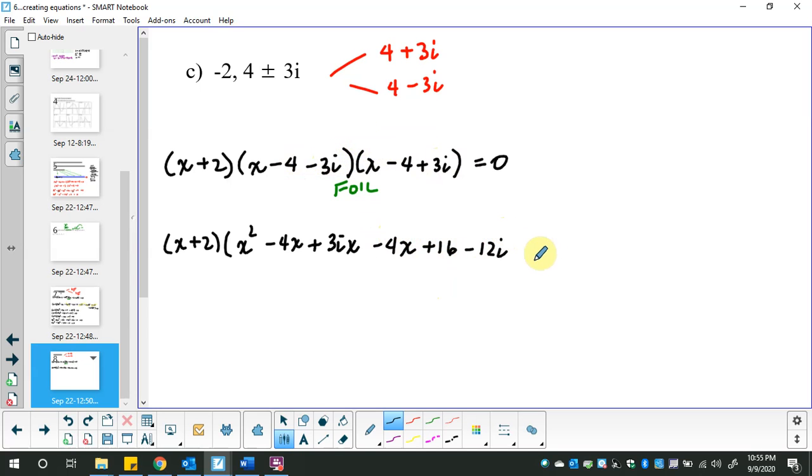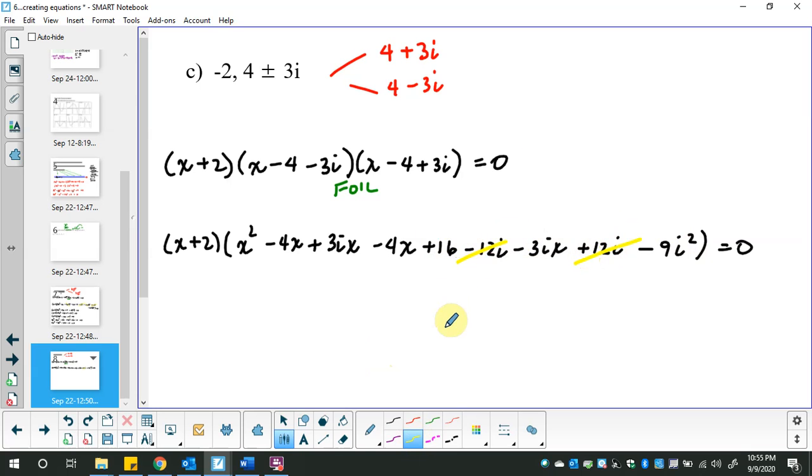Negative 3i times x. Negative 3i times negative 4. Negative 3i times 3i. Double check, which I didn't do the last time, but 1, 2, 3, 4, 5, 6, 7, 8, 9. All right, let's see if goodness happens.